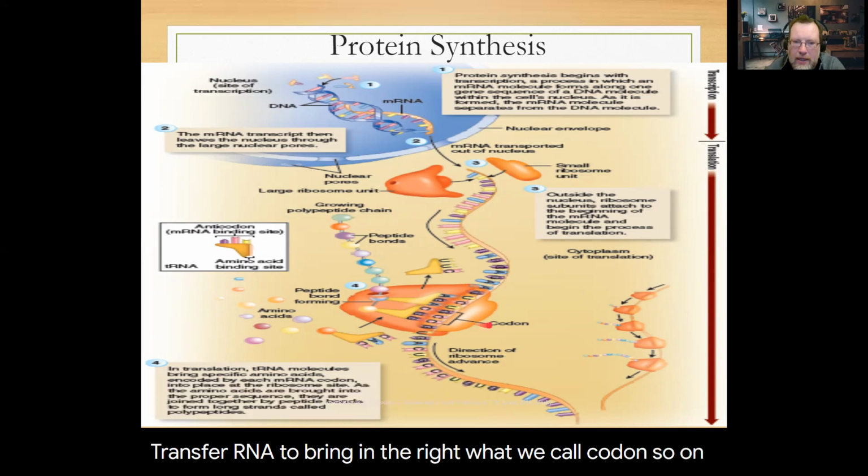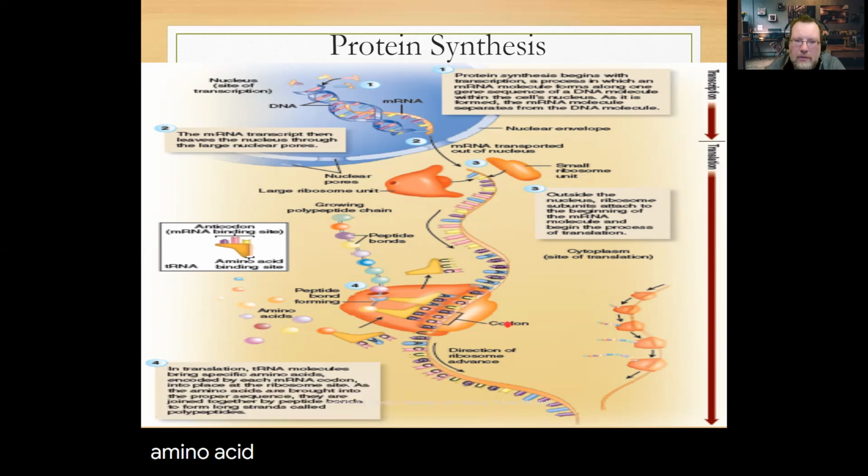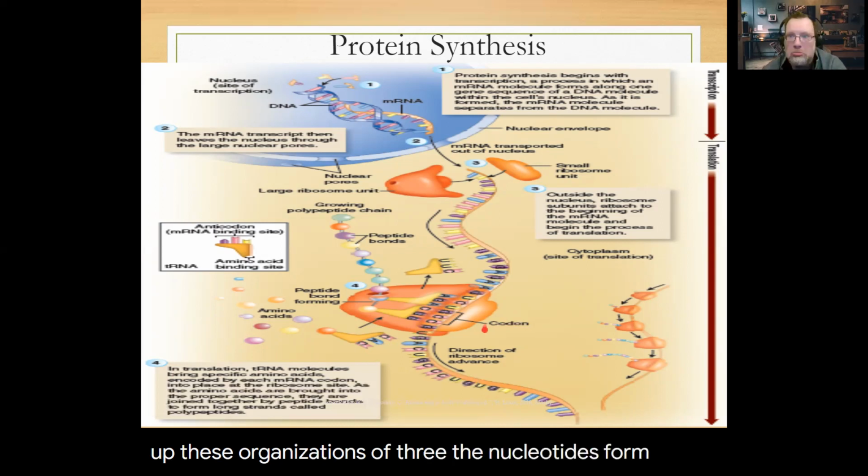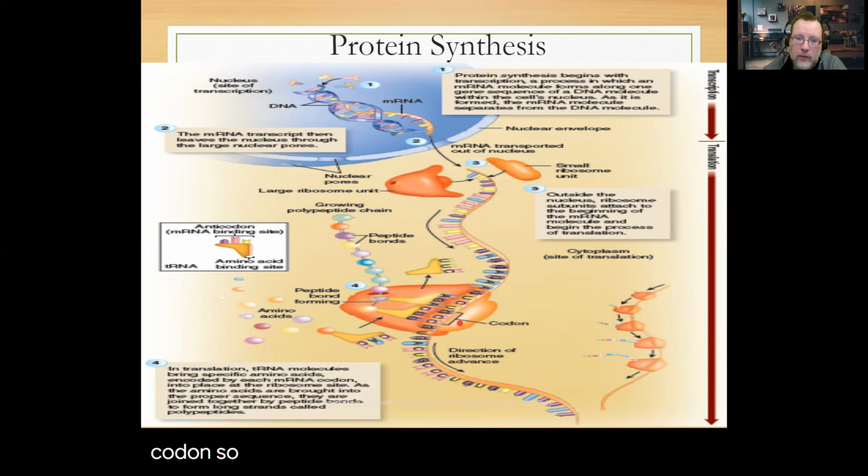So an amino acid is going to be created, in essence, by matching up these organizations of three nucleotides forming a codon. So I'll show you how we do that in just a second.